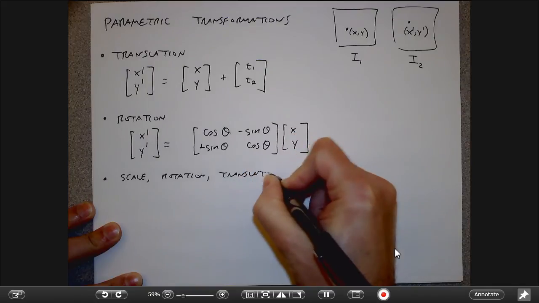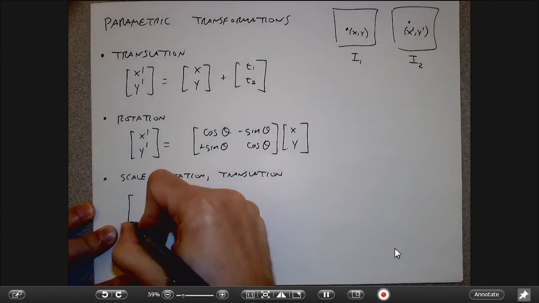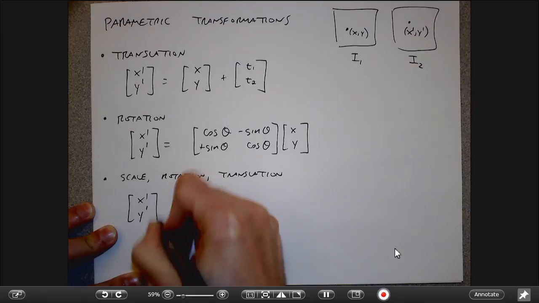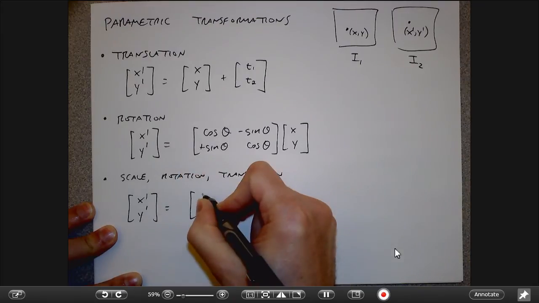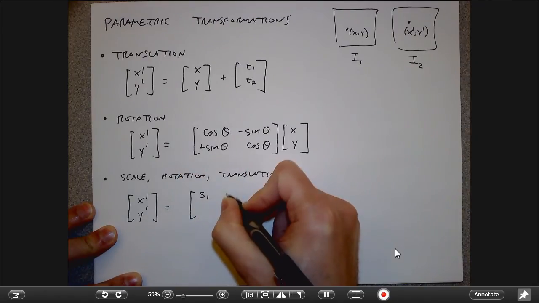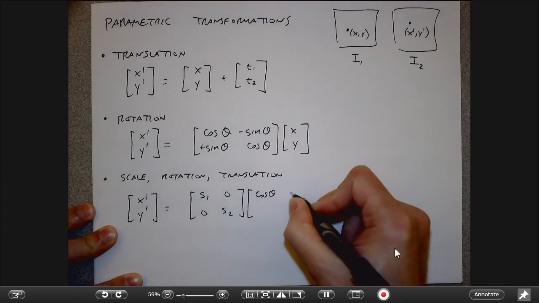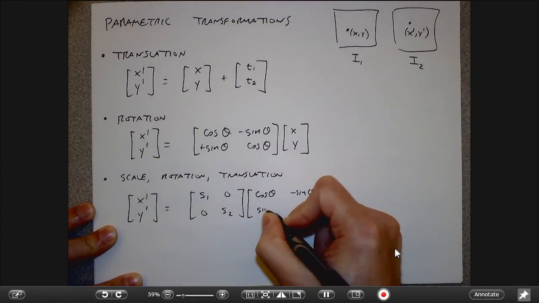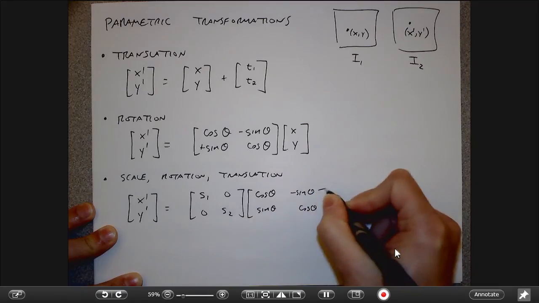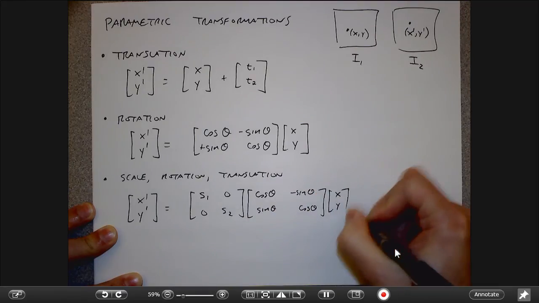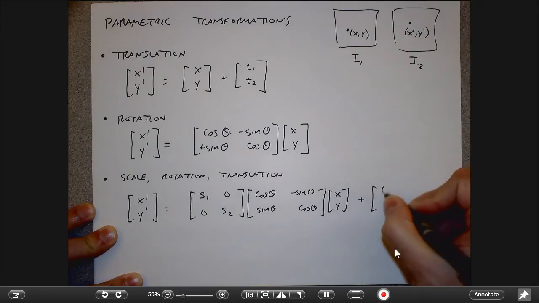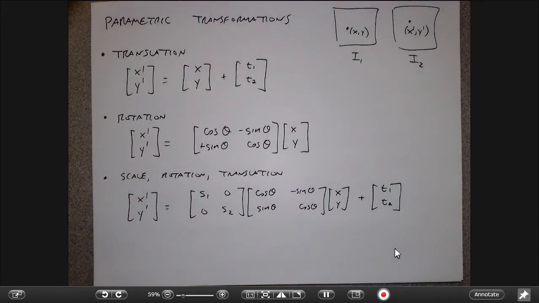So I could have a scale factor, and maybe the scale factor is different in the x and y dimensions. On top of that, I can rotate the image, and on top of that, I can add some translation. This is also called a similarity transformation.